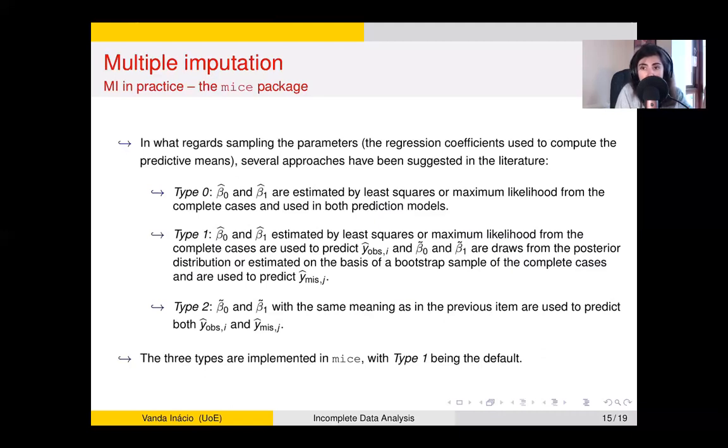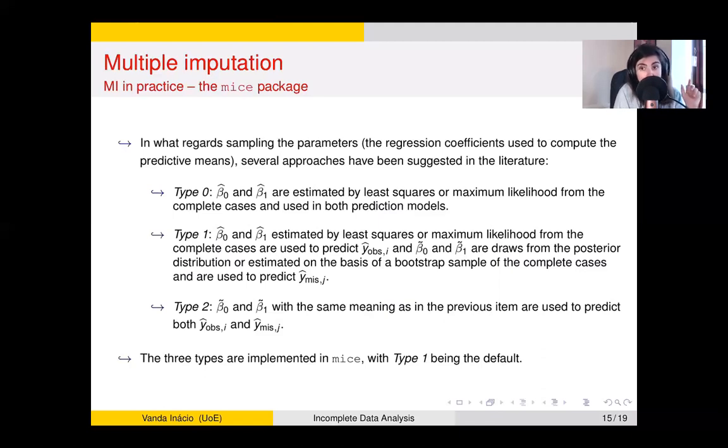For predicting the means of the observed cases, we use the estimates based on our observed data, and then to predict the means of those with missing values, we use random draws from the posterior, or we re-estimate the parameters based on bootstrap samples of the observed data.